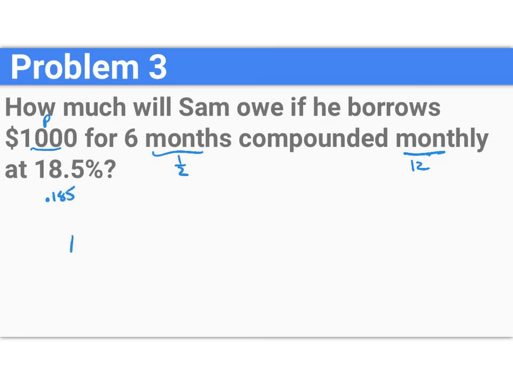Okay, so A equals P, 1 plus R over N, raised to the NT power. Okay, so plug in our principal, which is 1,000, 1 plus our rate, which is 0.185, all over N, which is 12 because it's compounded monthly, and then 12 times 1/2.